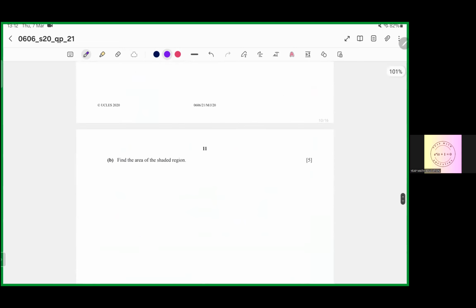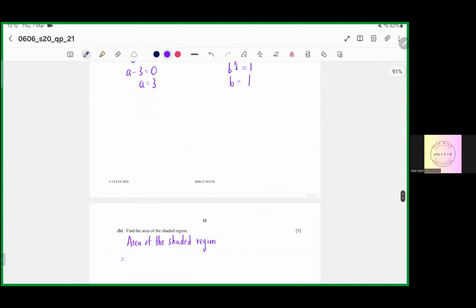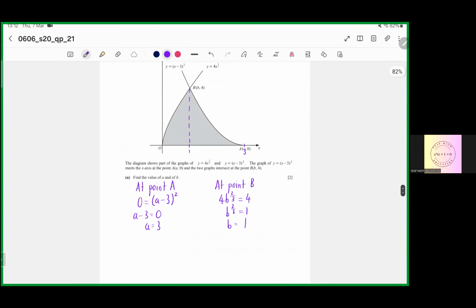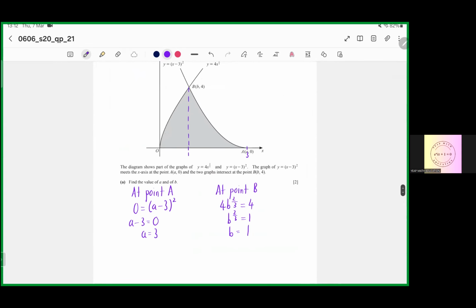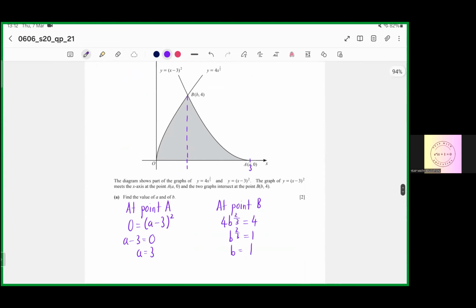Now we need to find the area of the shaded region here. We see we need to separate it into two parts to calculate the area of the shaded region. This is the first part, this is the second part.